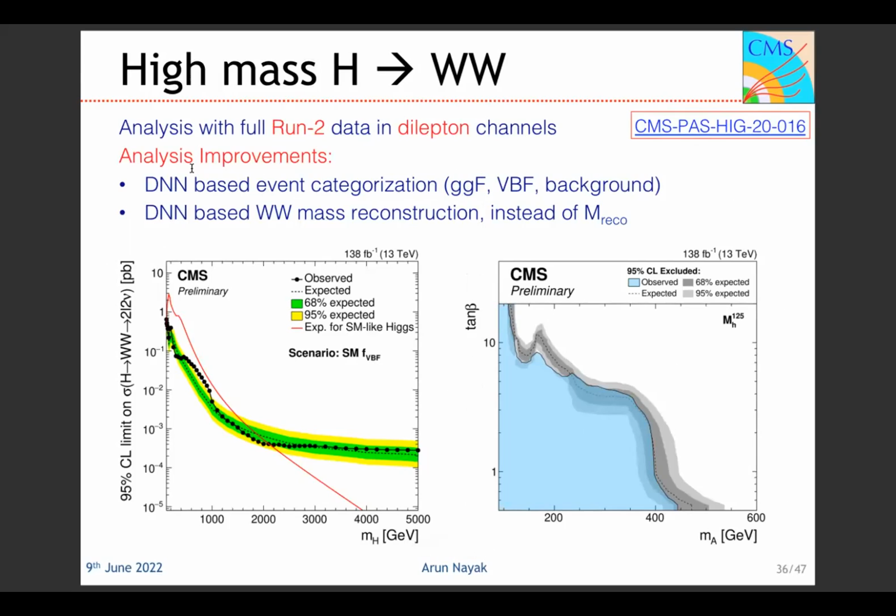And then instead of using the mass of the m_T or mass of the double boson, they again use DNN based mass regression, you can say, DNN-based double boson mass reconstruction in this case. And then the limits are in fact stronger compared to the previous one. Of course, they use more data in this case. And then here is one of the interpretations in the MH125 scenarios.